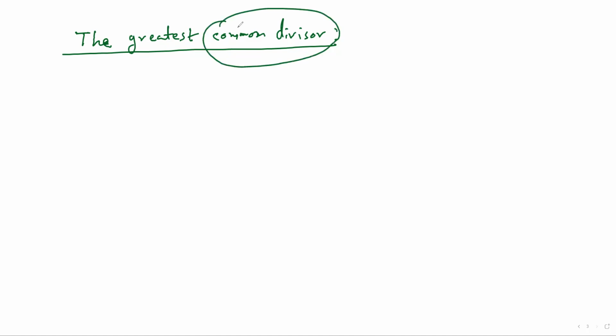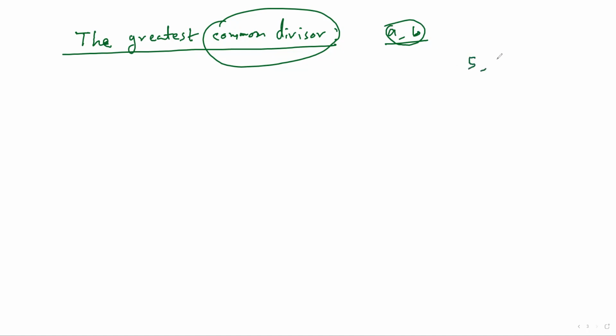First of all, what is a common divisor? If you have two numbers a and b, then there could be some common divisors of a and b. That is, there could be numbers that divide both a and b. And among those common divisors, there has to be someone who is the greatest, because common divisors of a and b cannot exceed the minimum of the two.